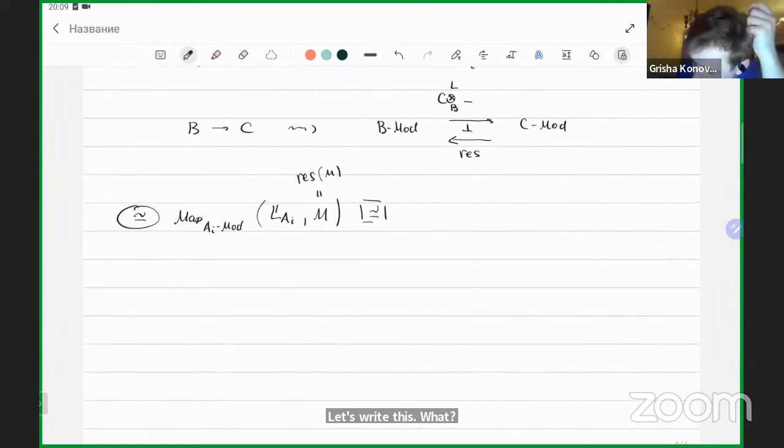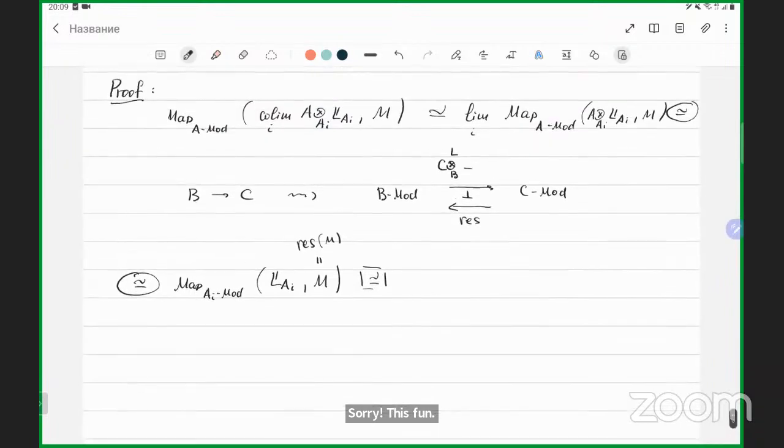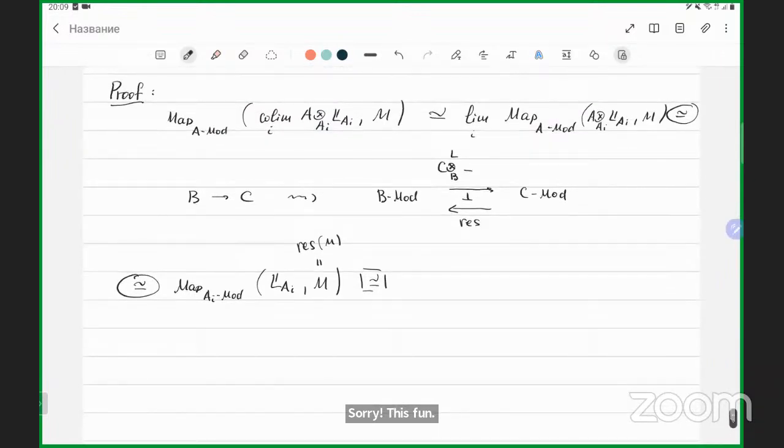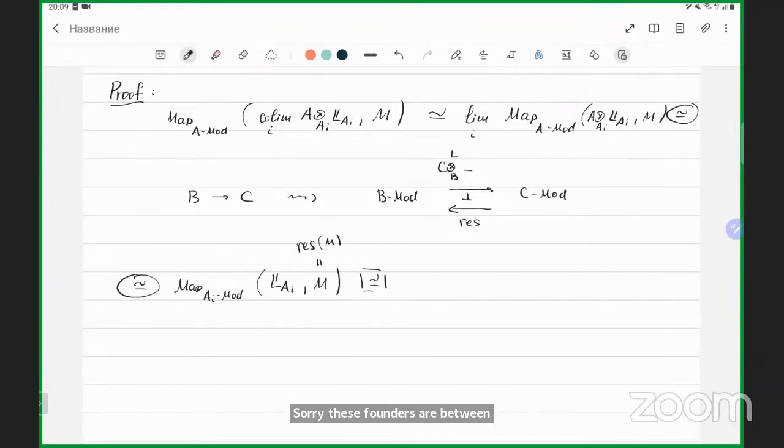To give more details, these functors are between derived categories. Yes, and yes. So you should probably take some replacements in variables of functors.